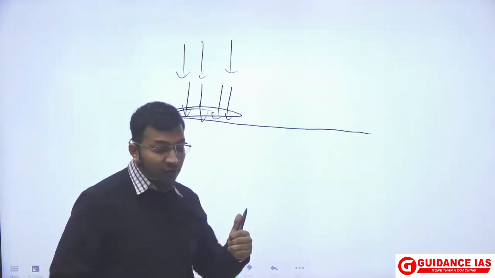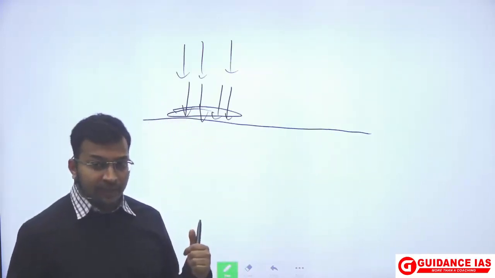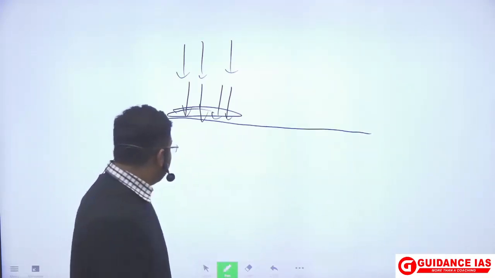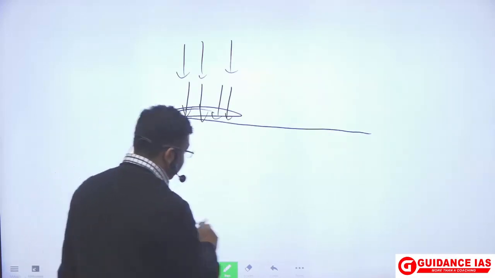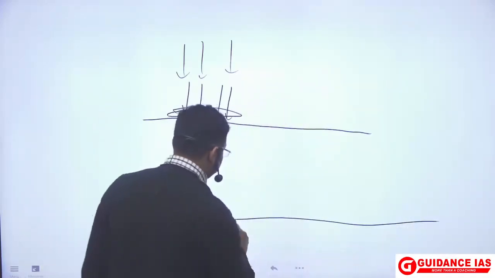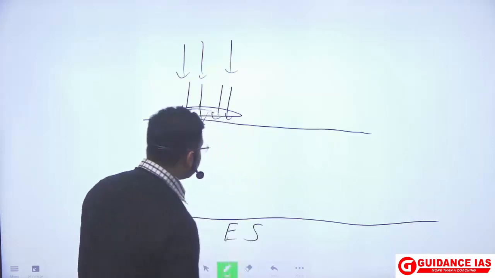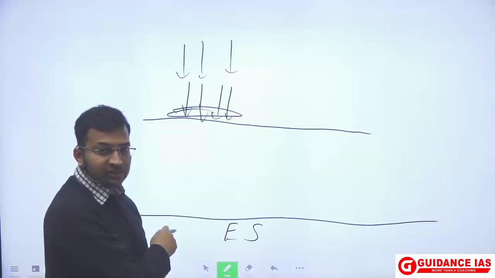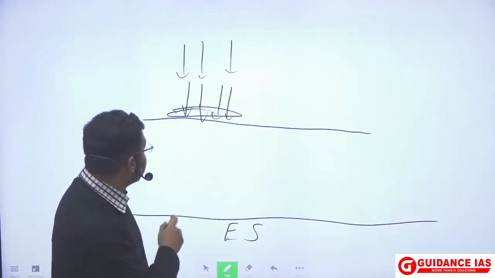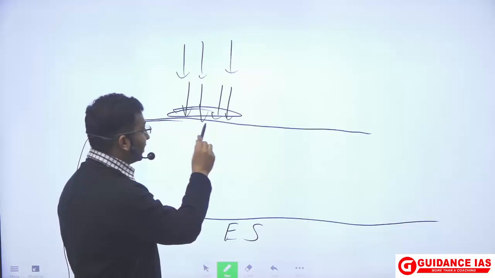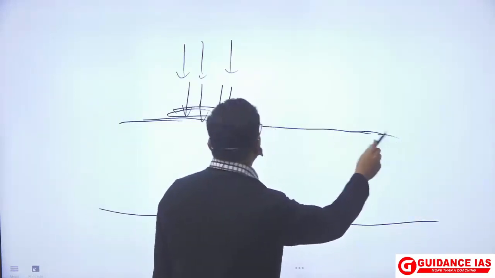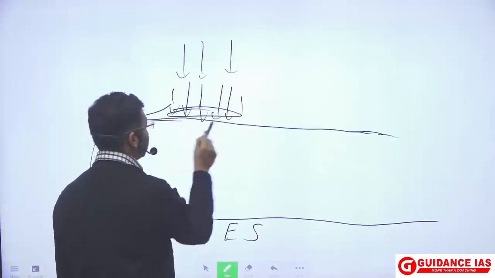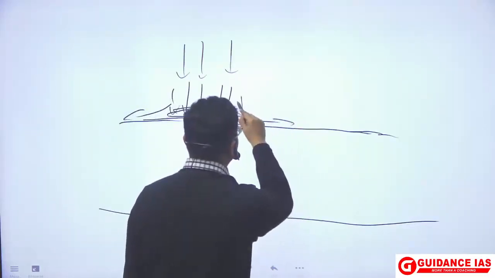In this type of upper air inversion, let's assume this as the Earth's surface. This subsiding air is not able to reach the surface of the Earth. There will be some stable atmospheric layer present where this subsiding air mass gets accumulated and is dispersed away from here itself.